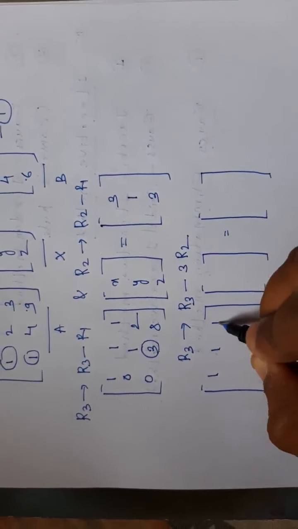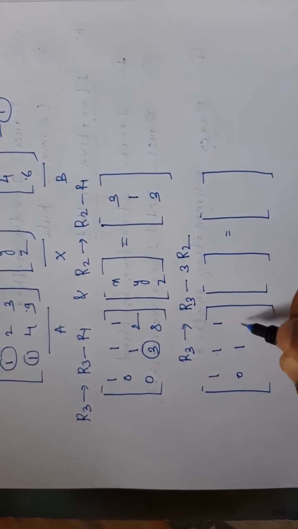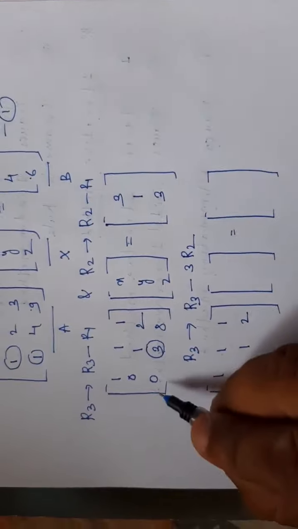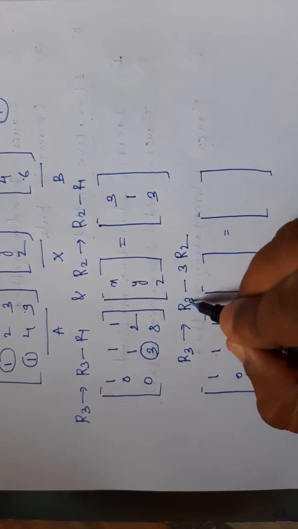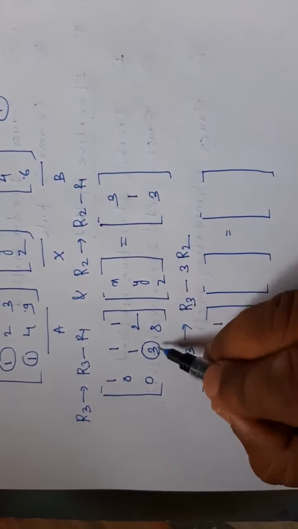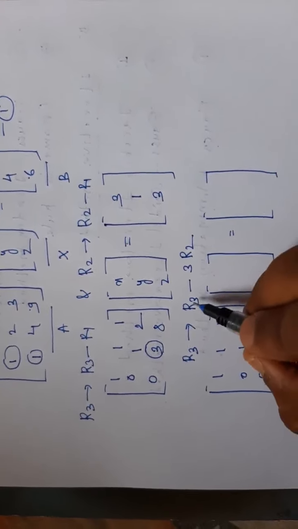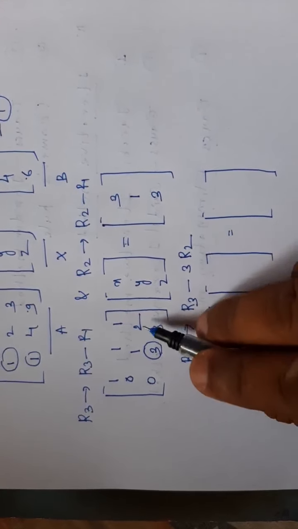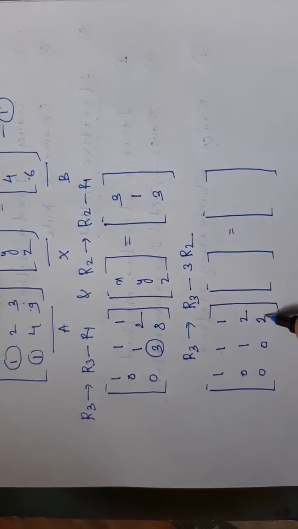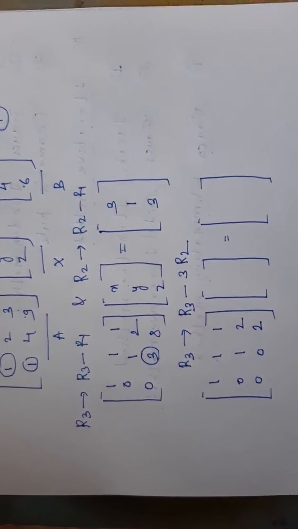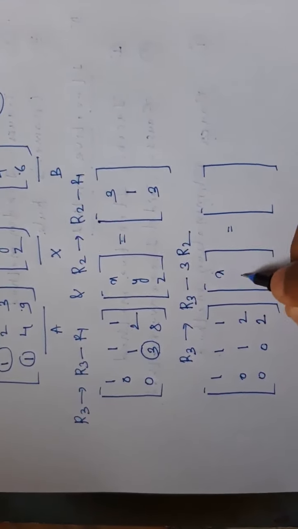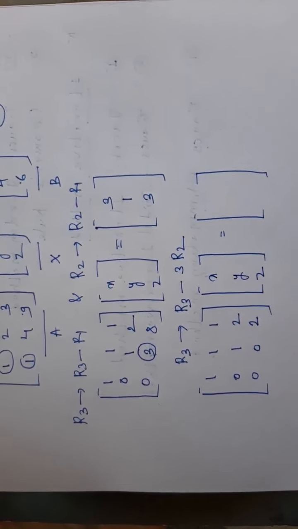The first row I will write as it is, and the second row also as it is. For the third row, R3 minus 3 times R2: 0 minus 0 is 0, 3 minus 3 becomes 0, and 8 minus 3 times 2, that is 6, gives the value 2. I will write x, y and z as it is.